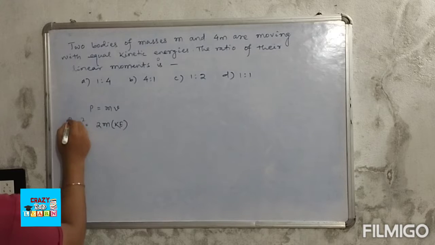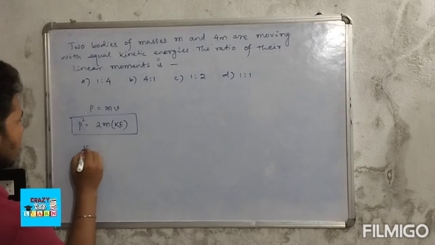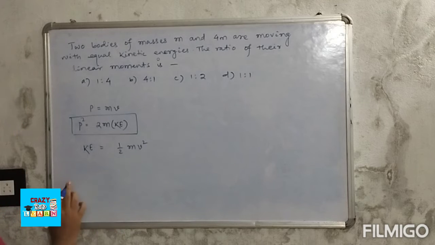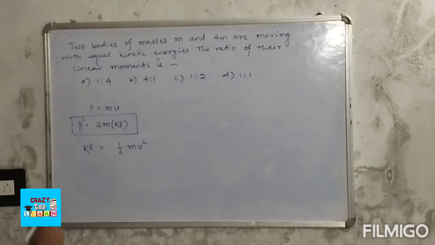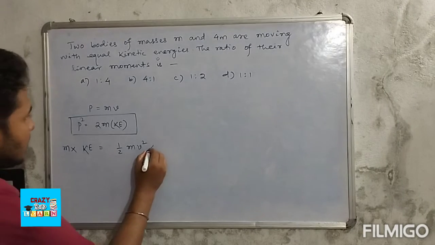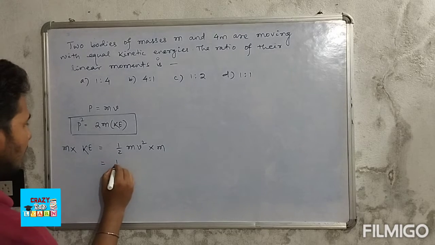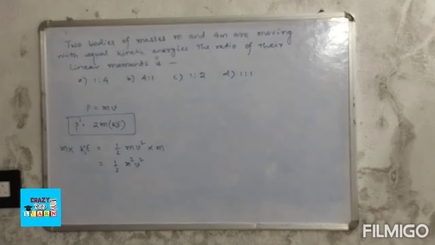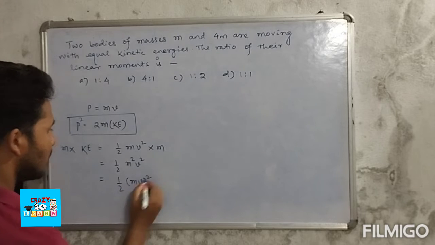You will say, how did you derive this formula? It's very simple, because we know that the kinetic energy is equal to half mv square, half into mass into velocity square. Just multiply m on both sides. We will get m into kinetic energy is equal to half m into m, m square v square, which is half into mv whole square.